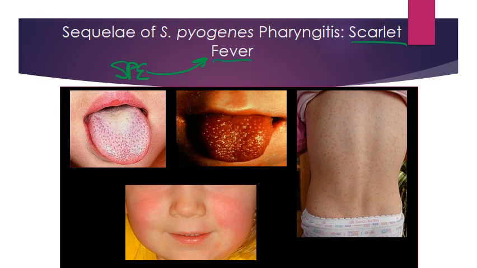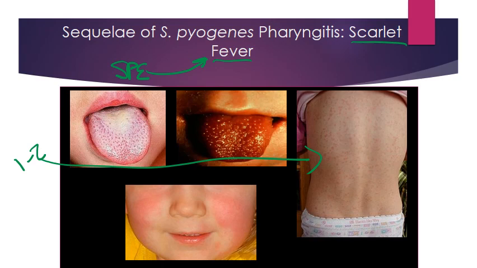It occurs in strains that produce this SPE, and within 1 to 2 days of the initial pharyngitis symptoms, you're also going to get this diffuse erythematous rash. It's going to appear initially on the upper chest before extending out to the extremities. The area around the mouth, the palms of the hands, the soles of the feet are normally spared, but the rest of the body, you're going to see this rash.